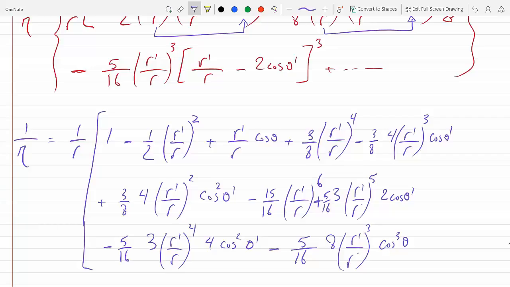And then the third one is minus minus, or plus minus, so it becomes, okay, now I think it's correct.